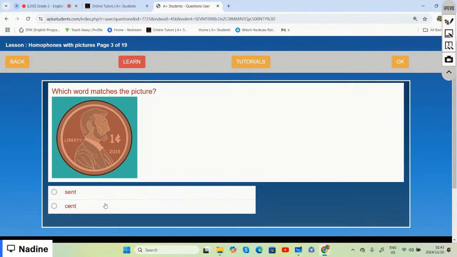So we need to look at the words, which is scent, SENT, and cent, CENT. Then we need to choose the correct word with the picture.